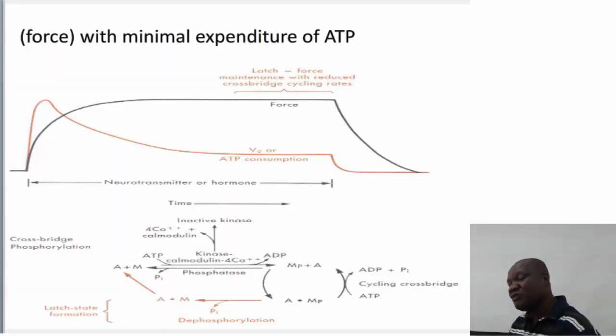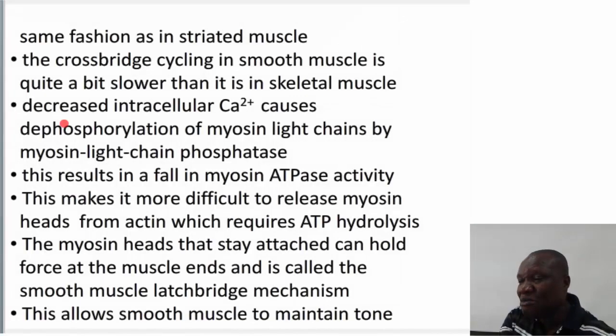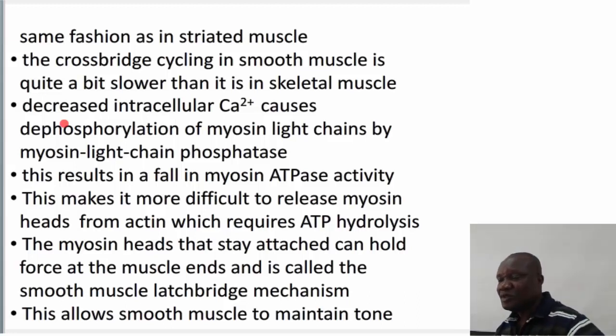It becomes dephosphorylated when the calcium level falls. Now, this dephosphorylation is by an enzyme called myosin light chain phosphatase. The myosin light chain phosphatase dephosphorylates the myosin light chain.